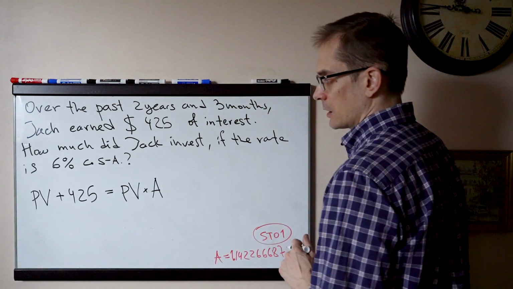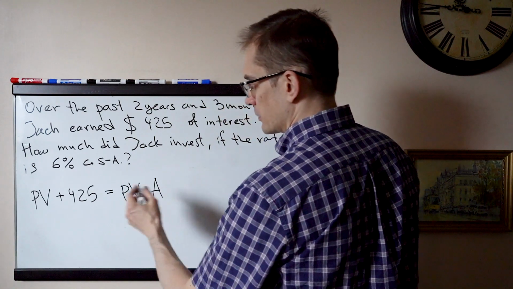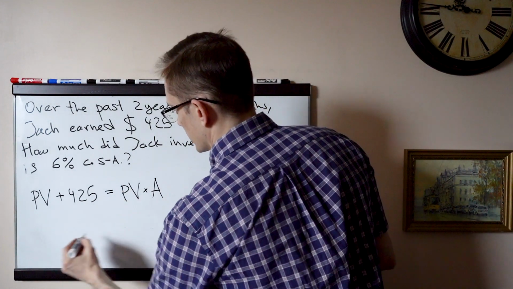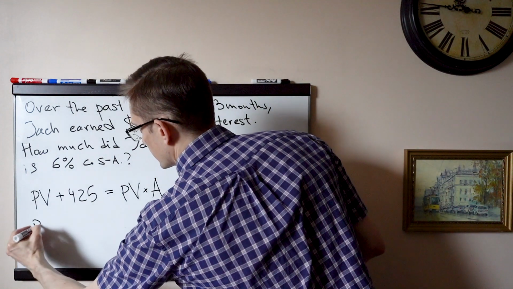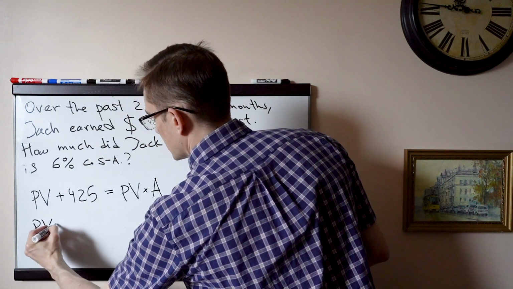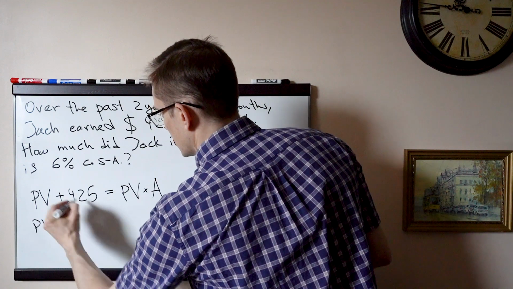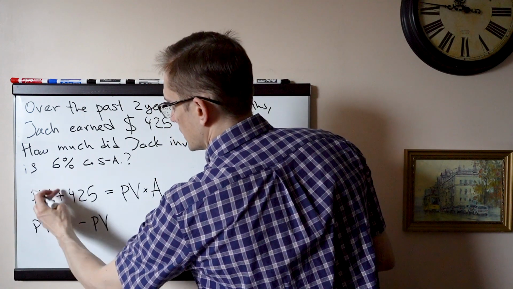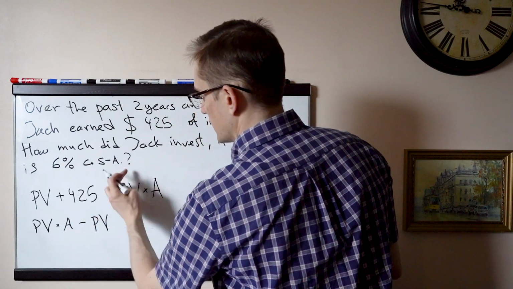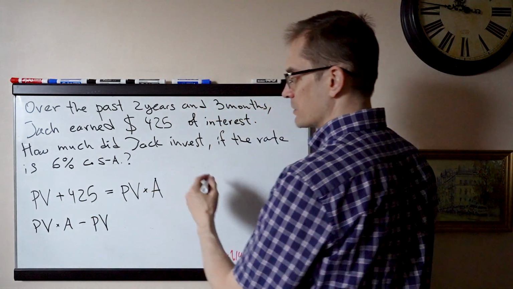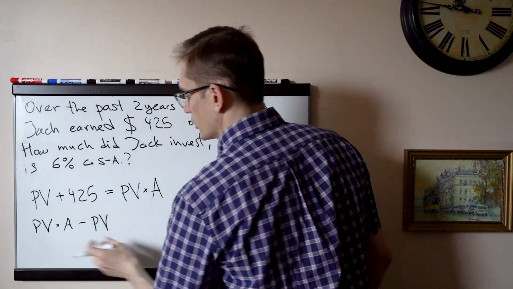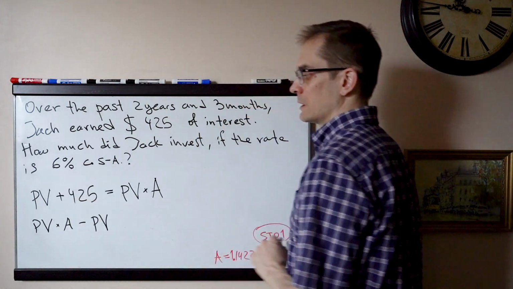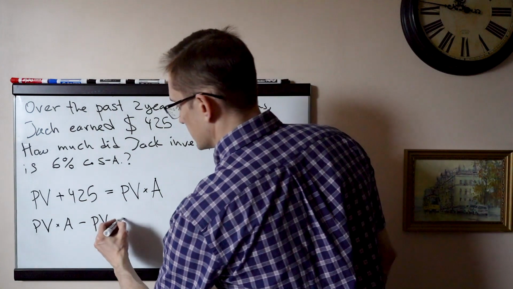Now, we need to find present value. So we need to do a little bit of algebra here, right? So you can do present value times A minus present value. You move this present value to this side of the equation, because solving for present value, you want to collect all unknowns to, let's say, the left side.